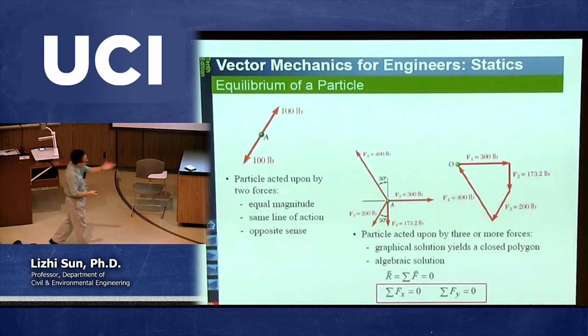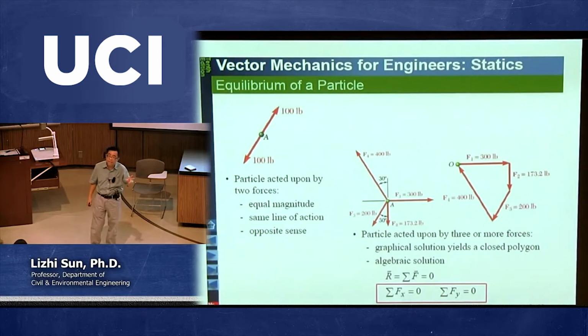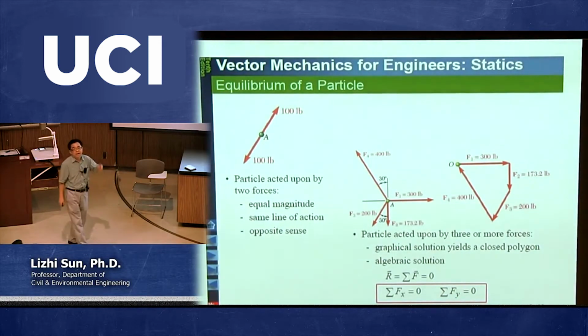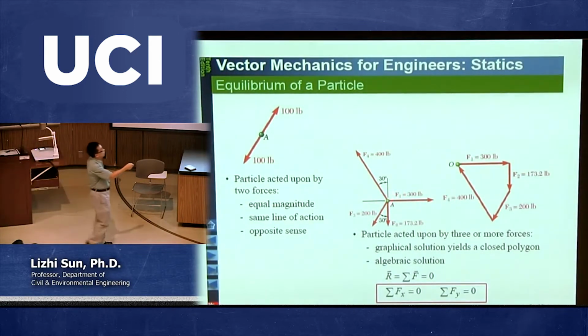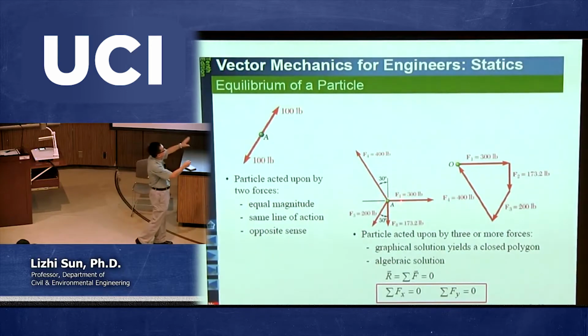In other words, mathematically, these are the two equations we can have for a two-dimensional problem. For any two-dimensional problem, you have multiple forces acting on this particle. You just collect all the forces acting on this particle. You calculate the x component and the y component of all those forces.